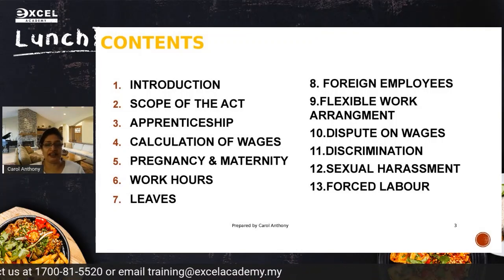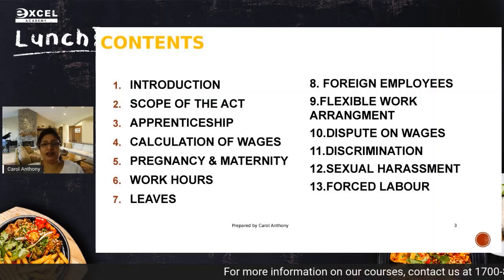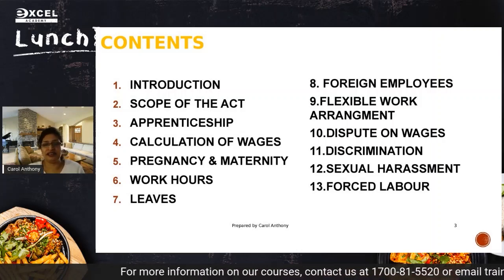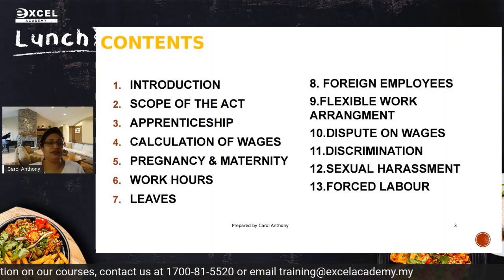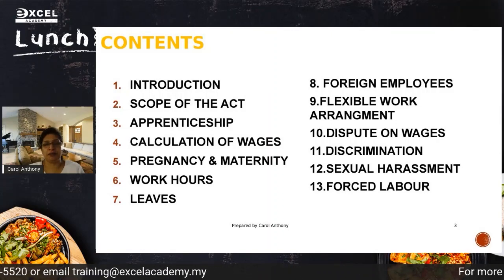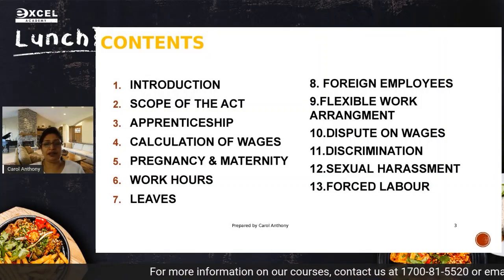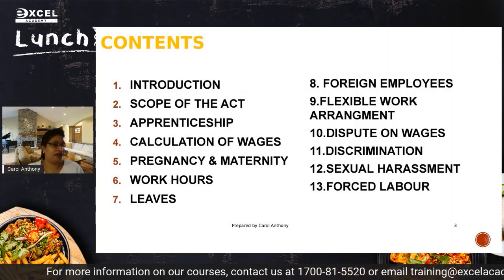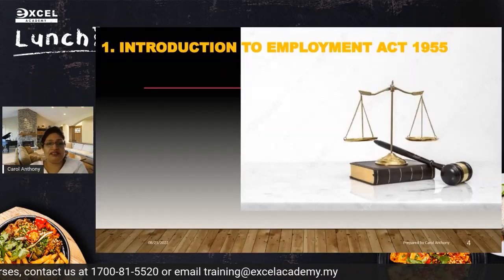I'm not going to share those because they are changes like a change in the clause, you know, section 60 now becomes section 61, things like that. Or some of the terms change, for example, domestic servant is now changed to domestic employee. So these are minor changes I'm not sharing today, all right? I'm sharing some of the major ones which will have an impact on the day-to-day operations of the company. All right, so let's go in.